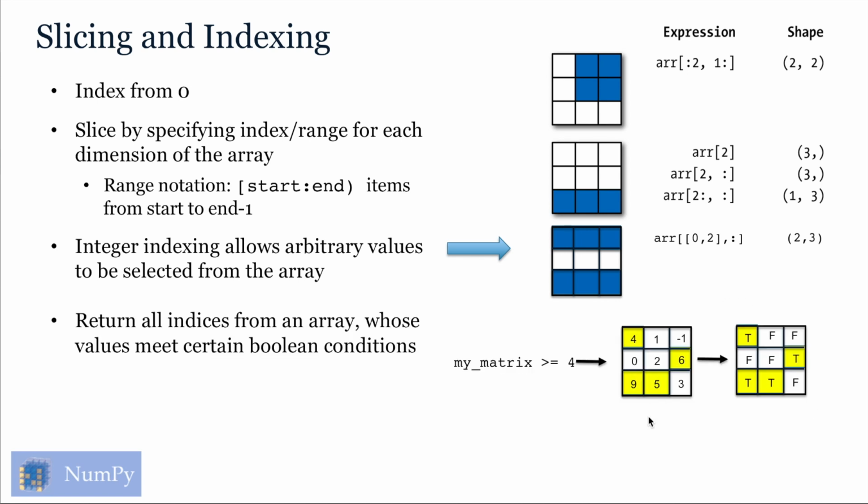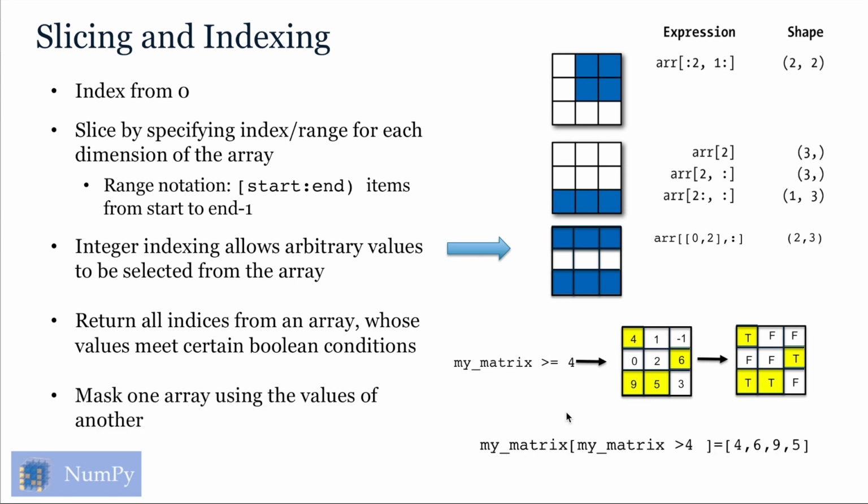So moving on, what we're showing here is how it's possible to return all indices or values from an array which meet certain conditions. So in this example, we are performing the Boolean operation, my matrix is greater than or equal to 4. Now, given this matrix, what this returns is a Boolean array of the same shape as the matrix, where the entries are either true or false depending on the condition.